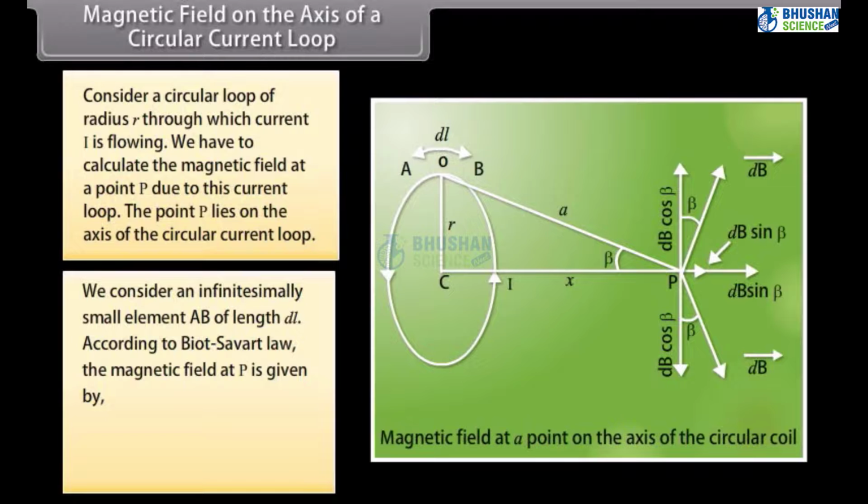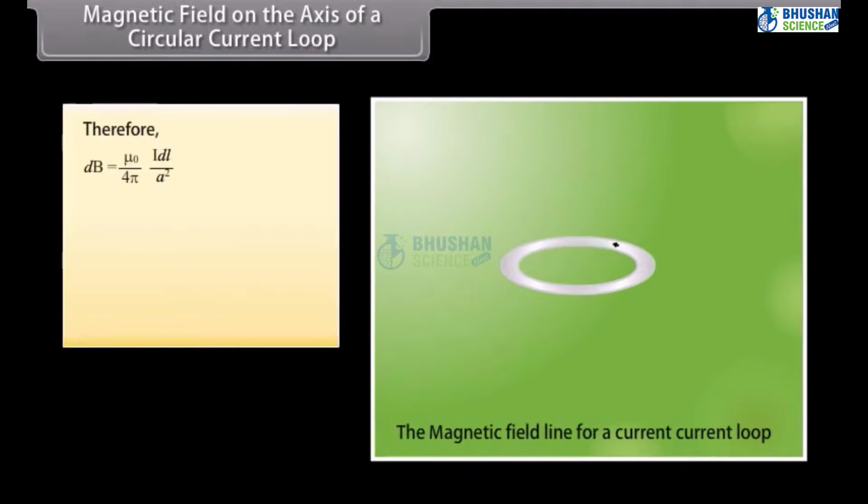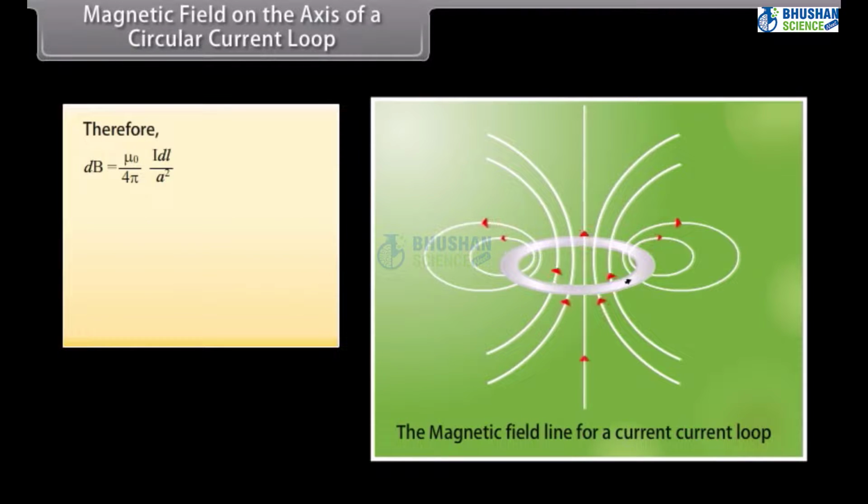According to Biot-Savart Law, the magnetic field at P is given by mu naught upon 4 pi multiplied by I dl sine theta divided by a square. Here, theta is equal to 90 degrees and sine theta is equal to 1. Therefore, the magnetic field at P is given by mu naught upon 4 pi multiplied by I dl divided by a square.